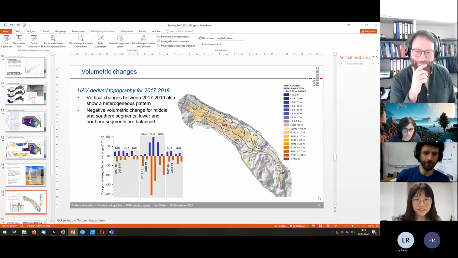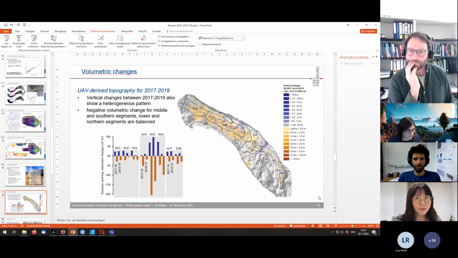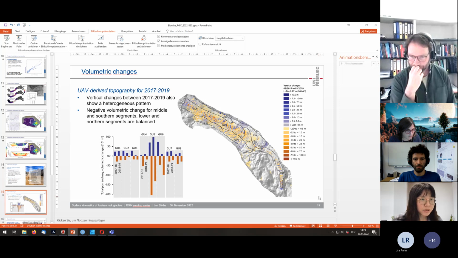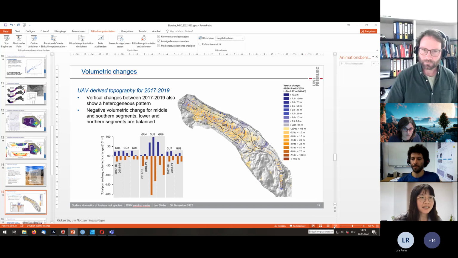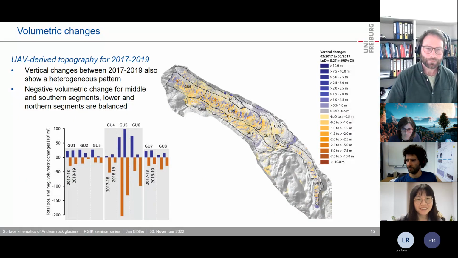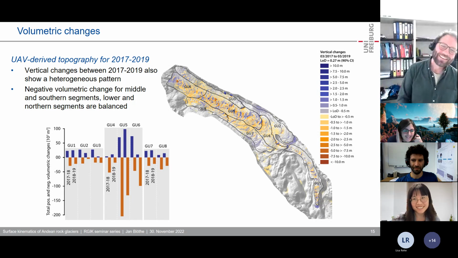And also, to my knowledge, some rock glaciers in the Chilean Andes have been experiencing great magnitude of vertical thinning. So I'm wondering what's the situation for the rock glaciers in your study? That's the first question. You want to pose the second question, or shall I first answer the first question? You can answer the first question first.